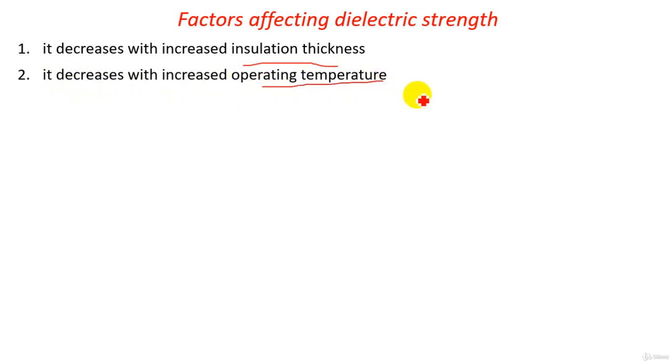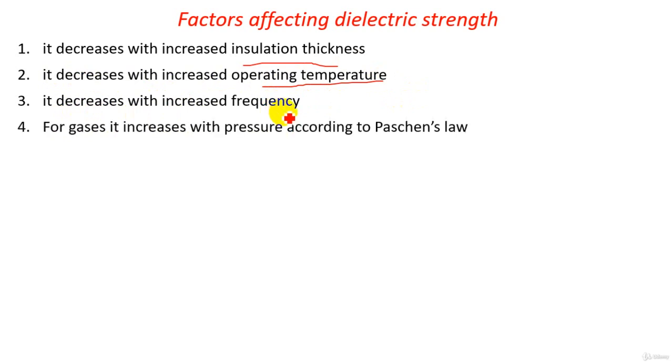As the temperature increases, the dielectric strength decreases. Also, it decreases with increased frequency. For gas insulation, the dielectric strength increases with pressure according to Paschen's law.